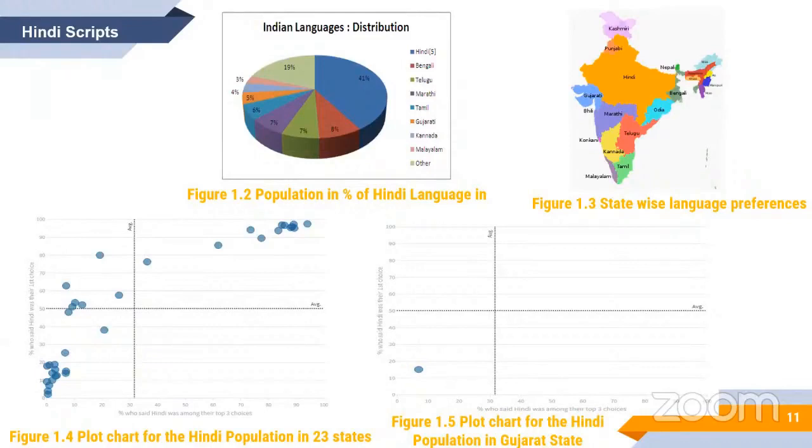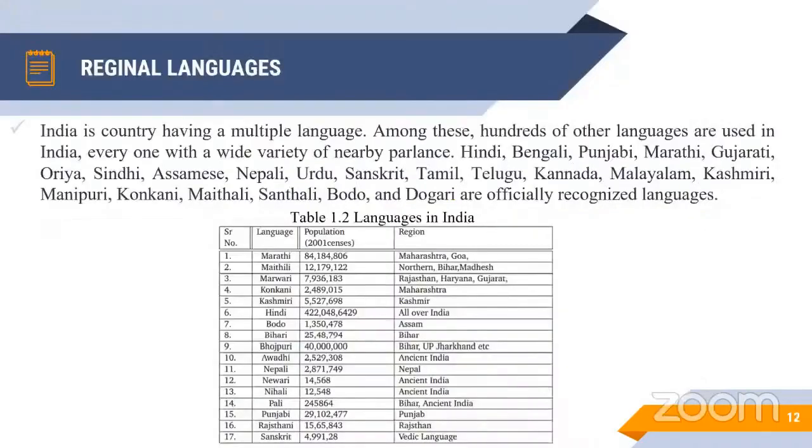Next, for state-wise language preferences in the chart in 1.3, Hindi in the middle has a larger and larger ratio. In 1.4, the highest plot is for the Hindi language. Because of this reason, we chose the Hindi language.